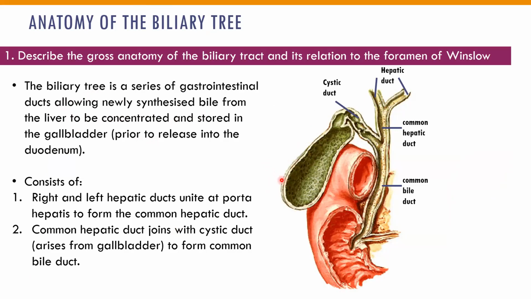This biliary tree consists of the right and left hepatic ducts, which unite at the porta hepatis to form the common hepatic duct. The common hepatic duct is joined by the cystic duct to form the common bile duct.